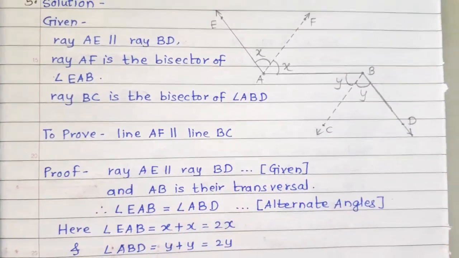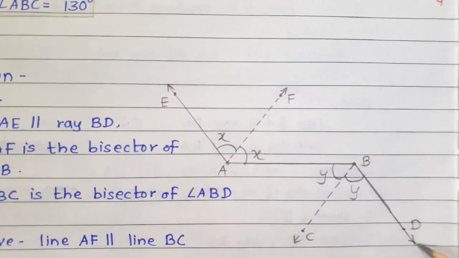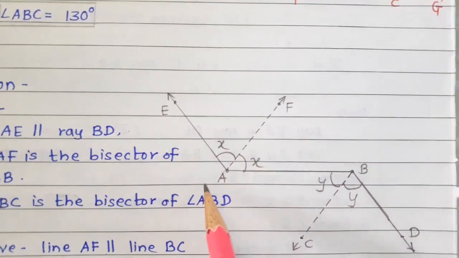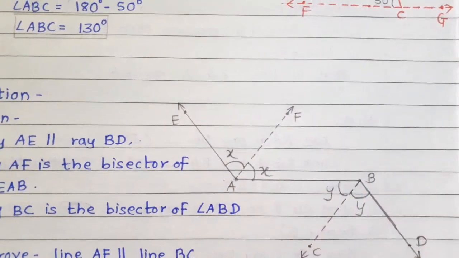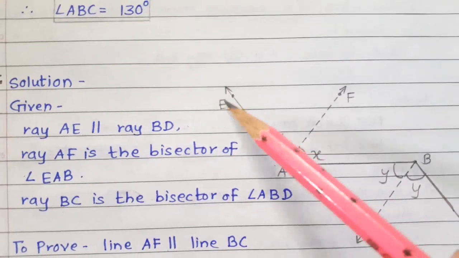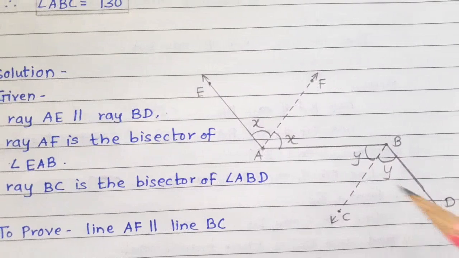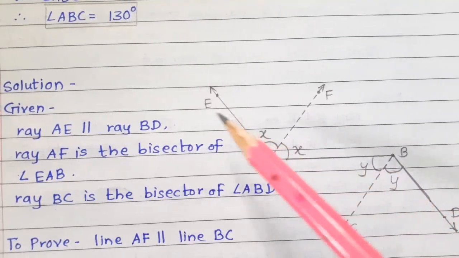Now proof. Here ray AE is parallel to ray BD and segment AB is their transversal. Then angle EAB and angle ABD, these two angles are alternate angles.